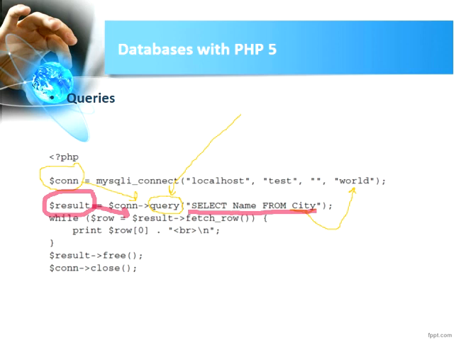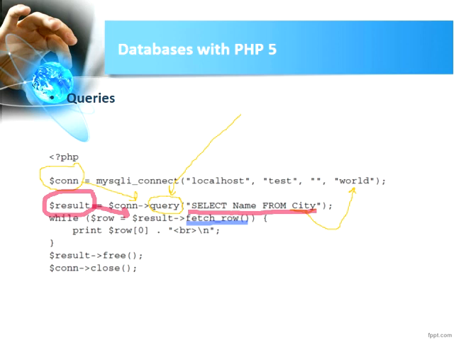So fetch row here is a method. It is used to extract the rows from the result row by row. Okay, the first row, the second one, the third one, etc.